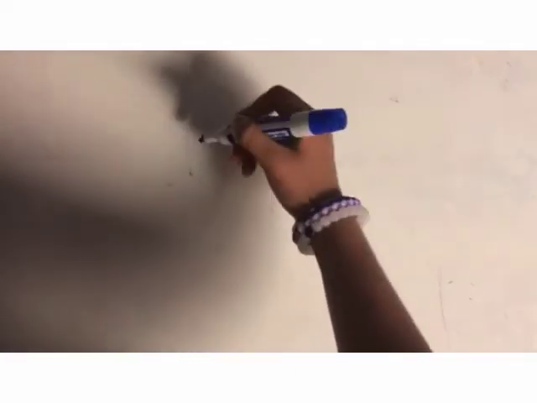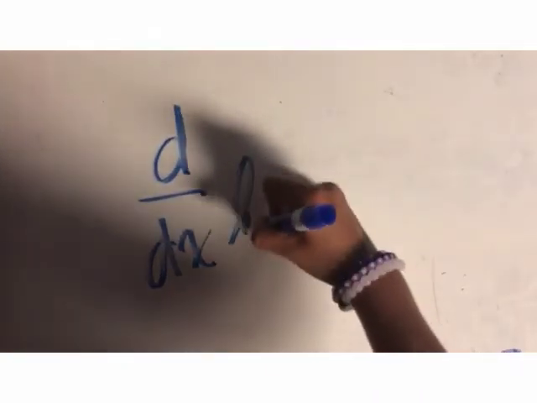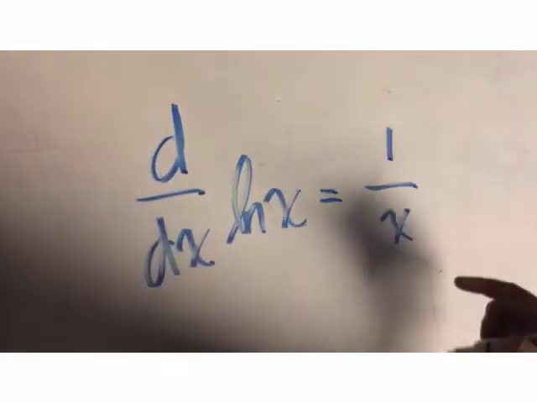So now that you know how to find the derivative of a natural log function, it is important to know how to find the antiderivative or integral of a natural log function. Really, an integral is trying to get your original equation that you started with. So, as you learned, the derivative of ln of x equals 1 over x.